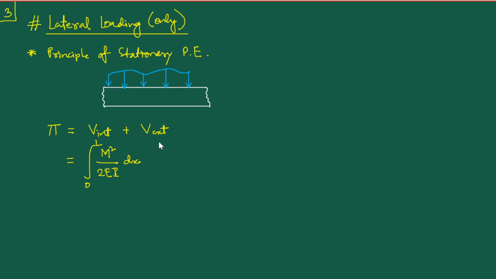For the external potential energy, this can be directly connected to the work done by this external distribution of forces. Please note that this loading is generally given by q, which can be a function of x, and the work done over a little elemental length of the beam is q w dx, and that is integrated over the entire length of the beam.